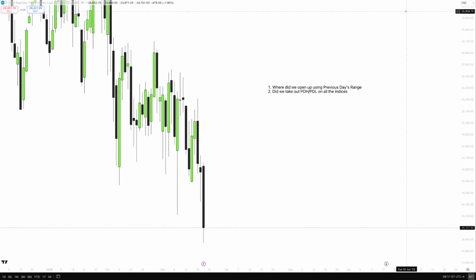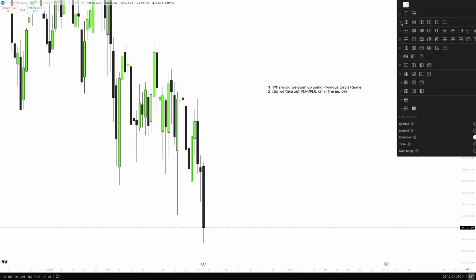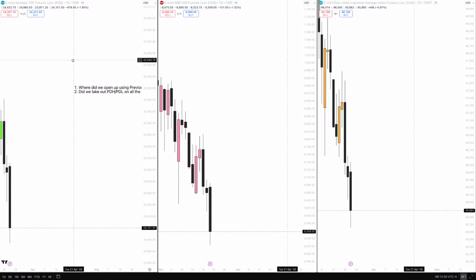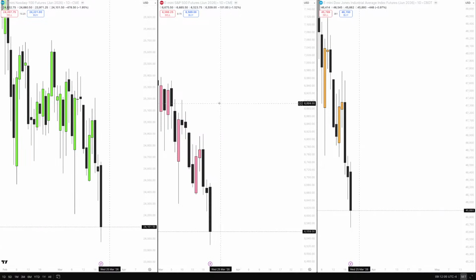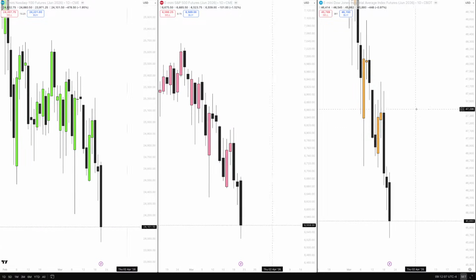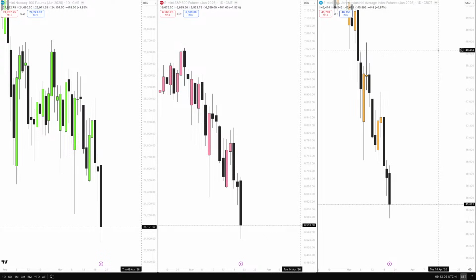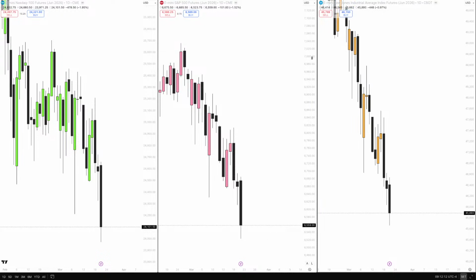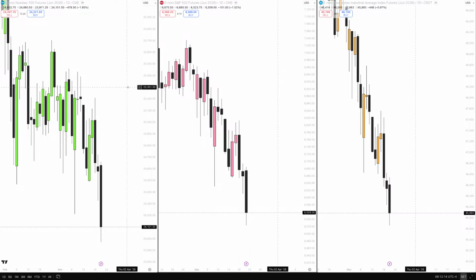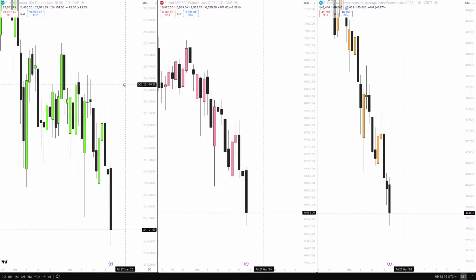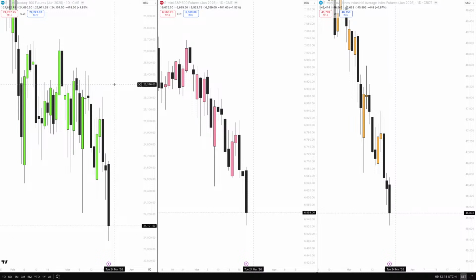And let's actually go to ES and YM so that I can show you an example. So we are on NQ, ES, and YM on the daily time frame, and let's see if we have an example for that.